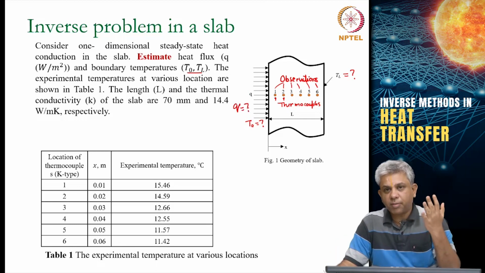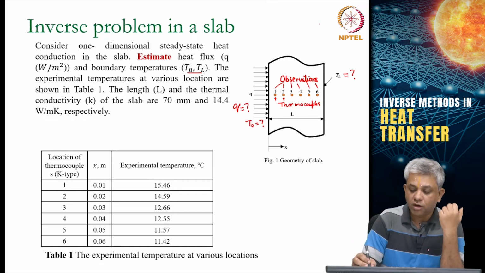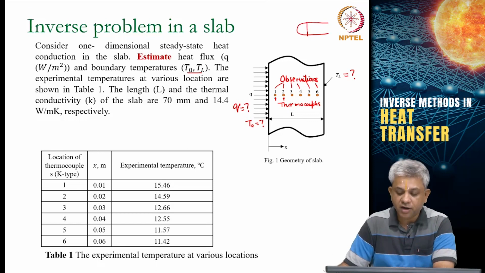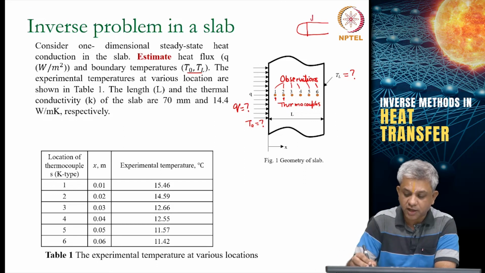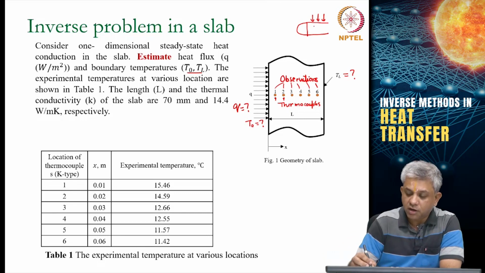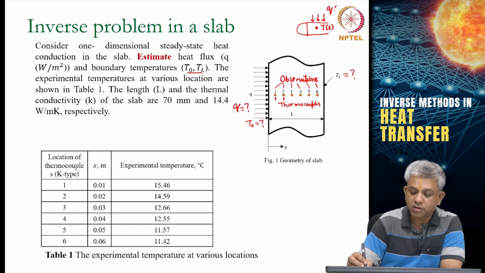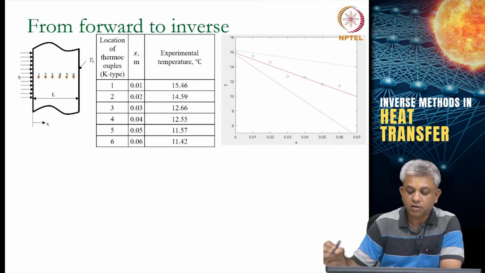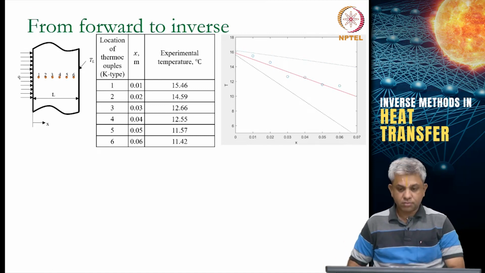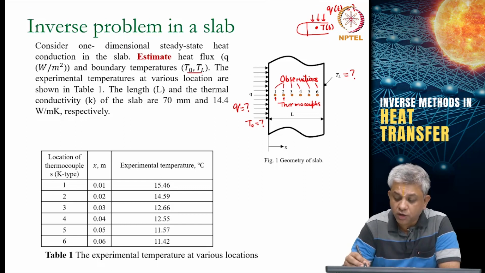Now remind yourself of the actual practical case that I showed you about the atmospheric re-entry vehicle. You can see that it looks more or less like this, except it is kind of turned on its side. If you remember, we had a very similar case where we measured the temperature inside and we wanted to find out what Q is.